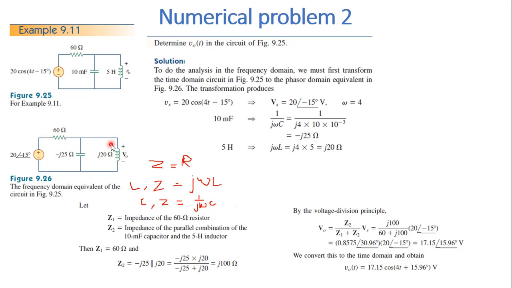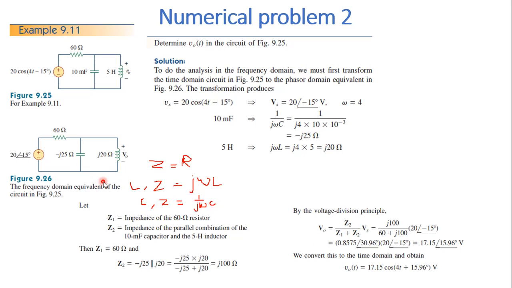So across these two branches we will have the same voltage V0. So if we can find the voltage across this Z2, we can find the value of V0, right?